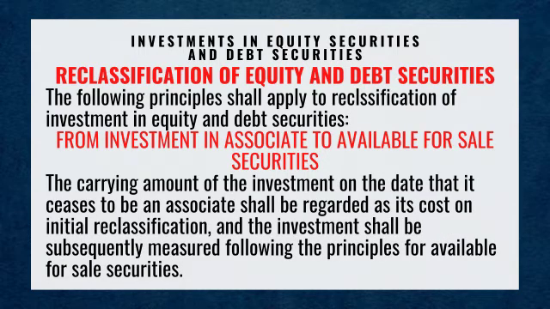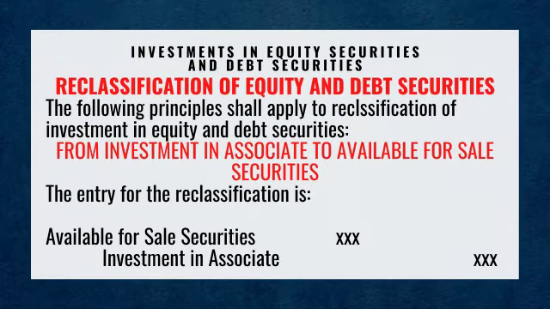The carrying amount of the investment on the date that it ceases to be an associate shall be regarded as its cost on initial reclassification, and the investment shall be subsequently measured following the principles for available for sale securities. The entry for the reclassification is debit available for sale securities and credit investment in associate.